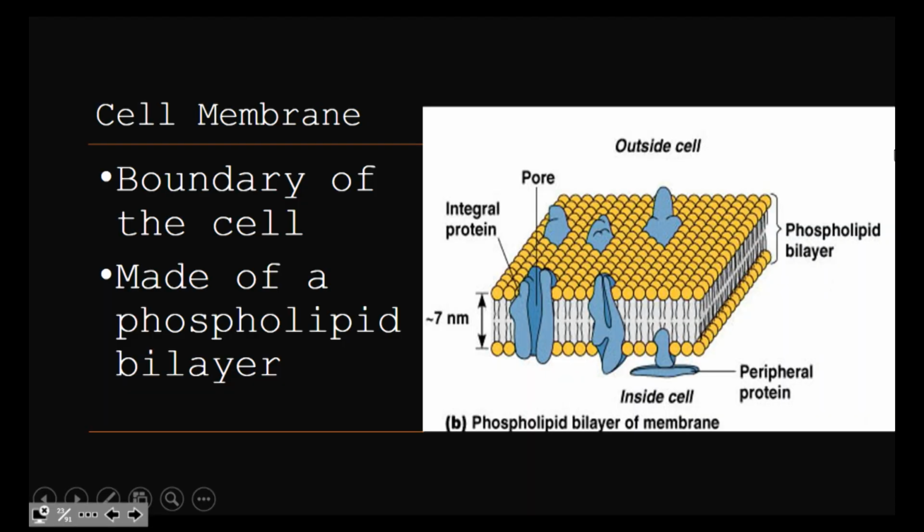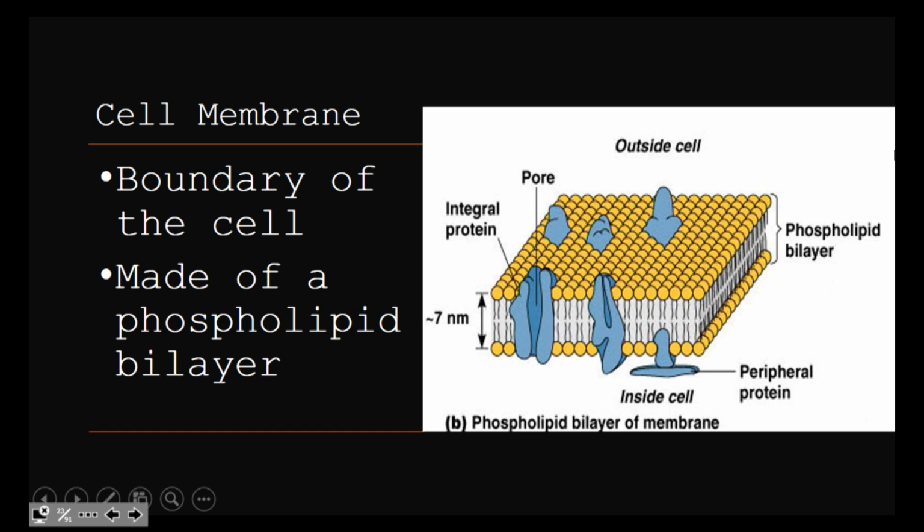Okay, let's talk about the cell membrane in a little more detail. The cell membrane is the boundary of the cell. So this is where the cell ends. And it's made up of a special type of fat called a phospholipid. You can see here that it's made up of a phospholipid bilayer. Well, if you look really closely at that picture, you'll actually see 2 layers.